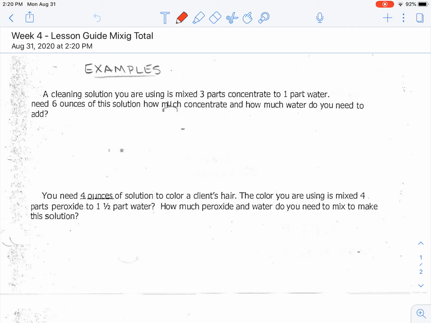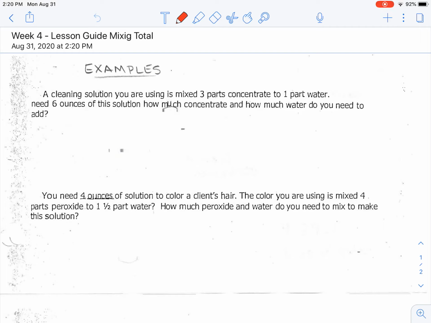These examples, we know how much final product, how much solution we need at the end. So we are kind of working backwards and finding both of the ingredients that we'll put in. So you might be able to pick up about how the wording is different here.